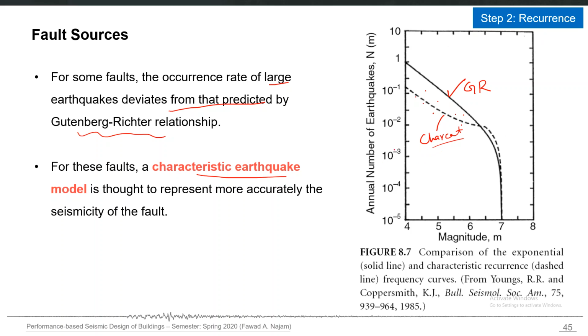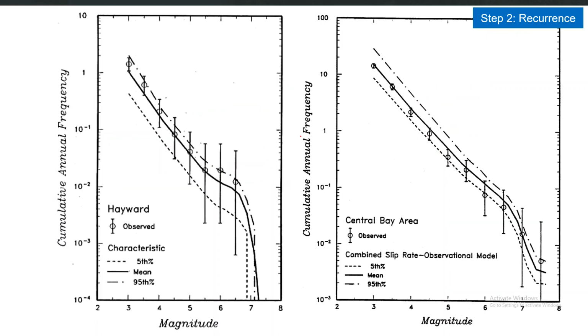Some faults may have a tendency to produce roughly the same number of earthquakes for different magnitude ranges. In that case, the line may deviate from the actual GR relationship, so you use the characteristic earthquake model for the magnitude recurrence relationship.